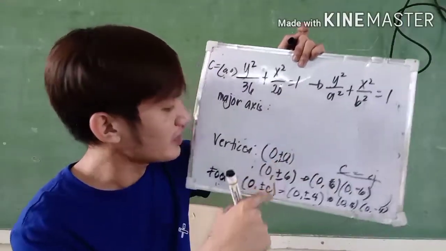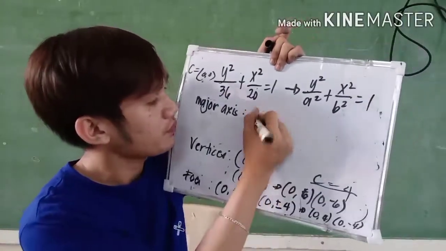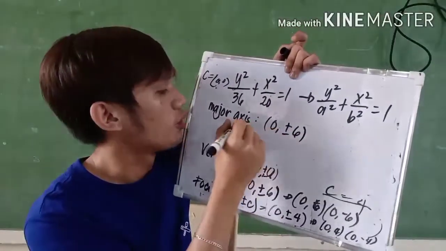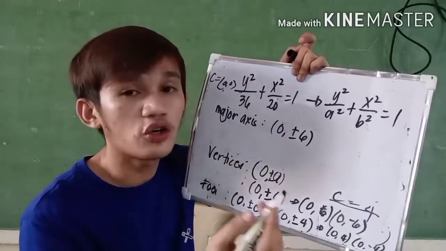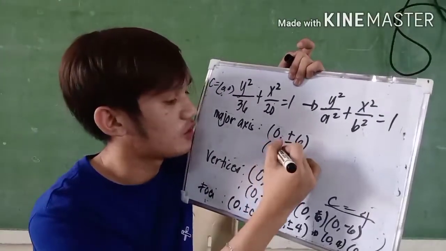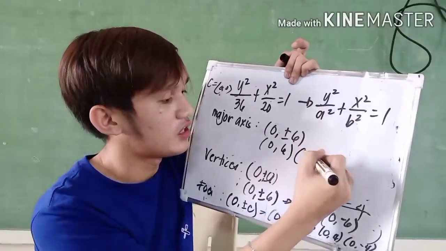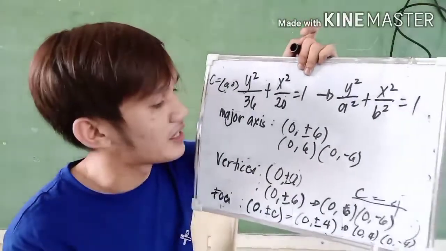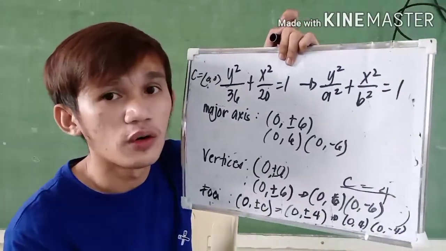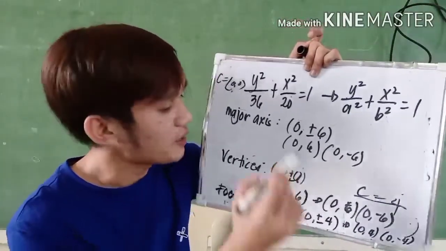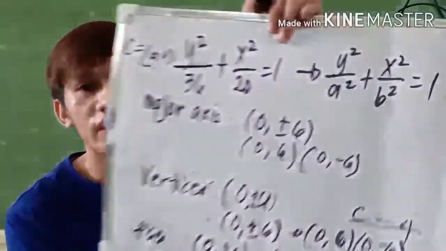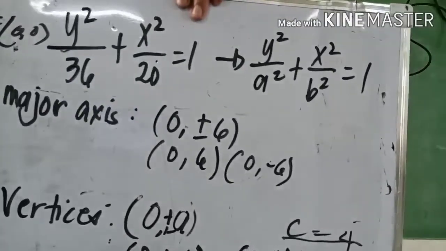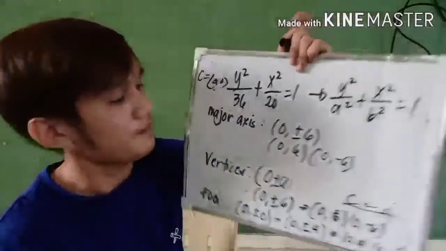So kung ang inyong vertices here is 0 plus or minus 6, automatically your major axis is also 0 plus or minus 6. 0, 6, and 0, negative 6. So, the endpoints of your major axis is 0, 6, and 0, negative 6. Lagi po siyang katulad ng inyong vertices. And that is how you are going to get the endpoints of your major axis.